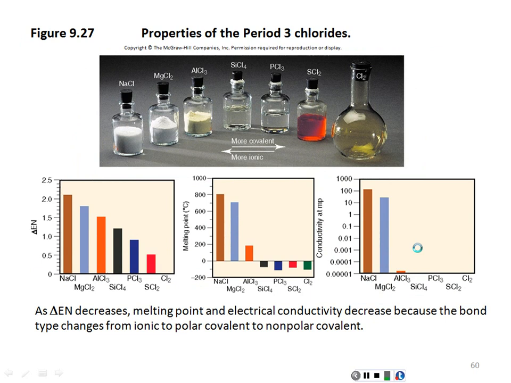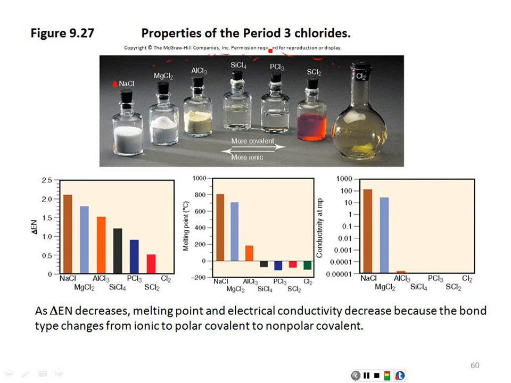And we can see the same pattern, the same group of atoms, but now we're looking at their appearance. So they go from sodium chloride, a hard, brittle solid, and that slowly turns into compounds that are liquid, and finally with the chlorine, which is a gas.